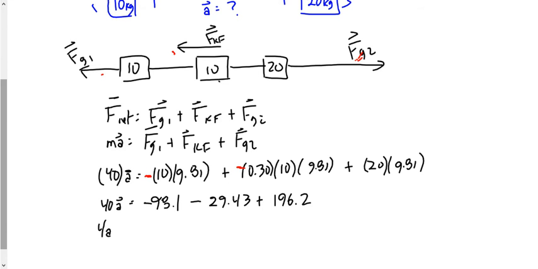So we've got 40 times the acceleration equals 68.67 on the right-hand side. And then we divide that by 40, and what are we going to get here? Around 1.5-ish, 1.56. What is it? 1.7?